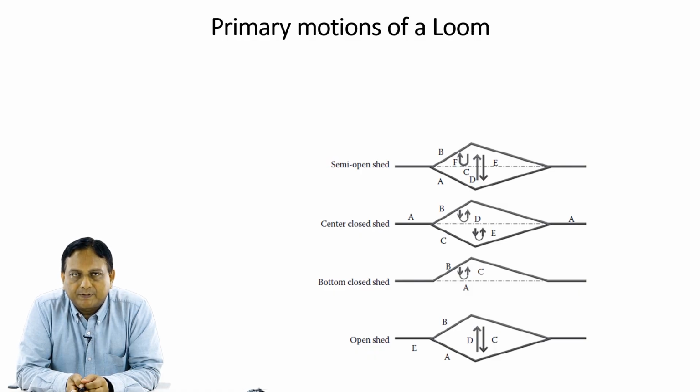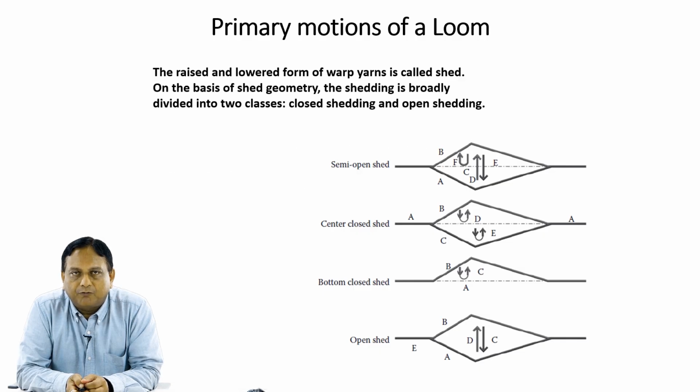The raised and lowered form of warp yarn is called the shed. Sheds can be formed depending on the shed geometry, and are broadly divided into two classes: closed shedding and open shedding. In this figure we can see the semi-open shed, circular shed, bottom closed shed and the open shed. So their geometrical structures are different.